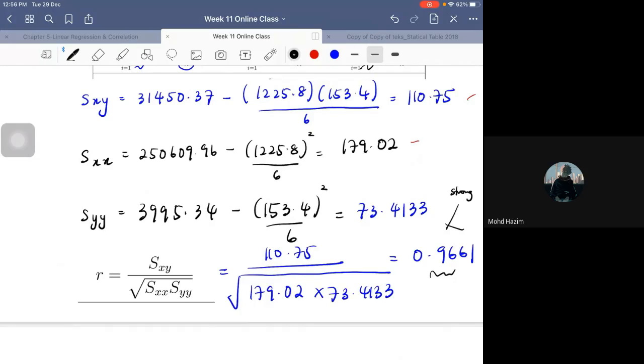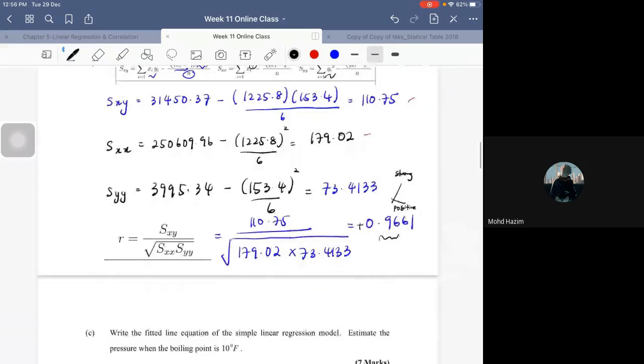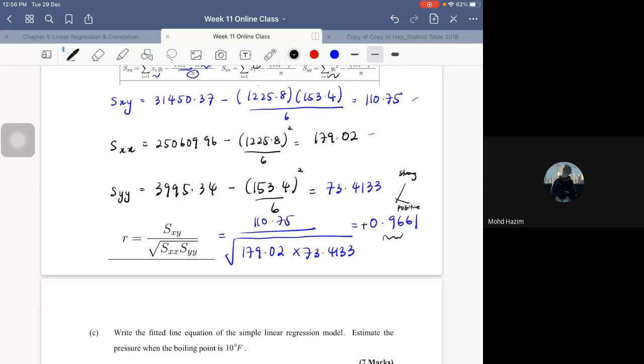For the direction, because this is a positive value of R, automatically it's going to be a positive relationship between X and also Y. So when I write my interpretation, I have to mention both of these, the strength and also the direction. So I can say that there is a strong, positive relationship, or you can also write positive, strong, doesn't matter.